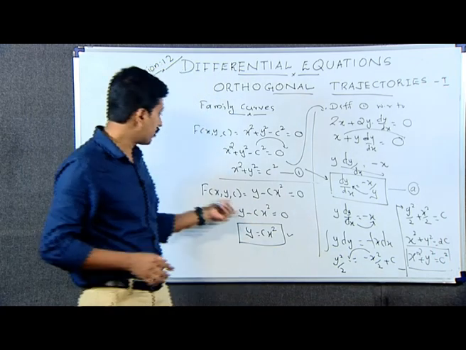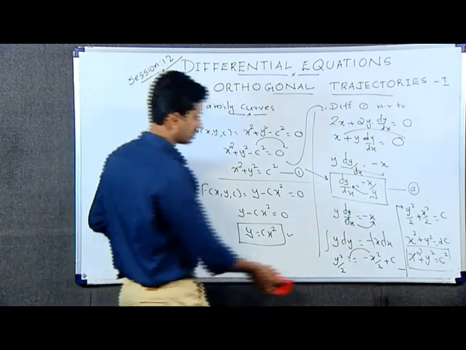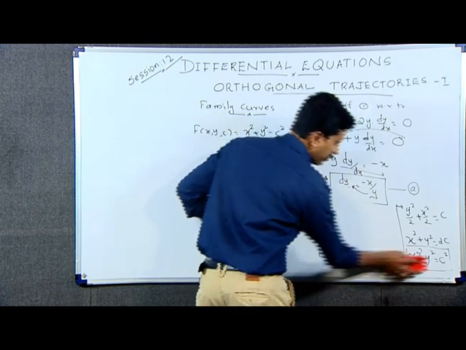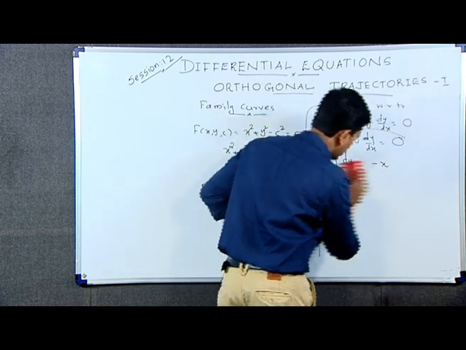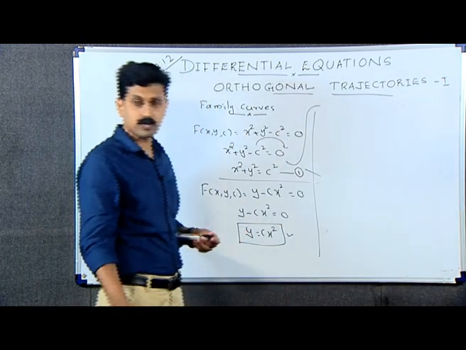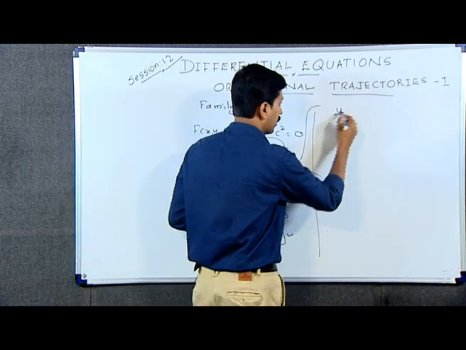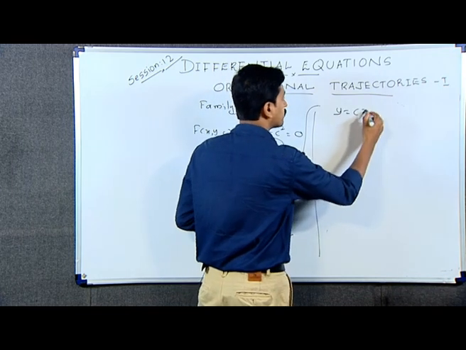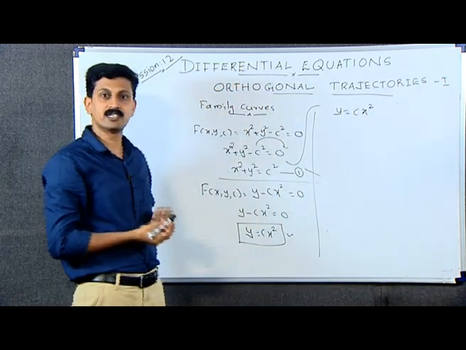Similarly, you can find the differential equation corresponding to the family of parabolas which is symmetric about the y axis. The family of parabolas symmetric about the y axis is y is equal to c x square.